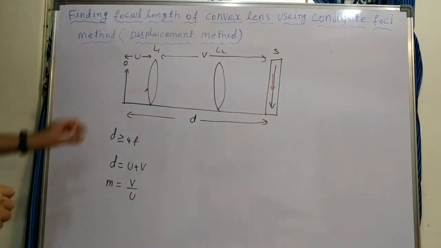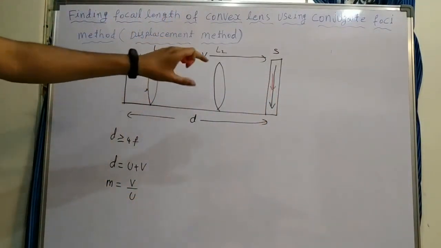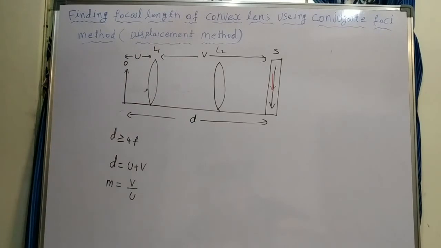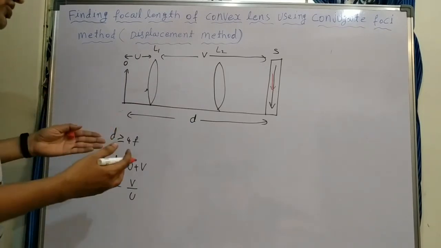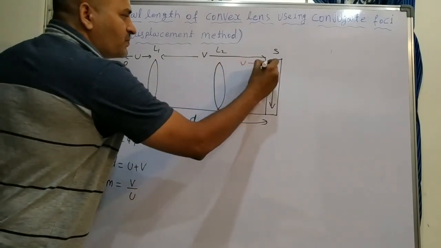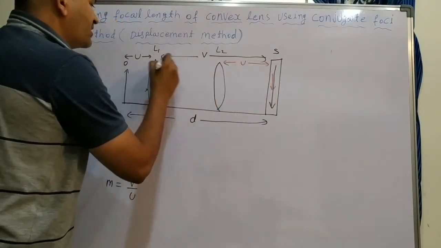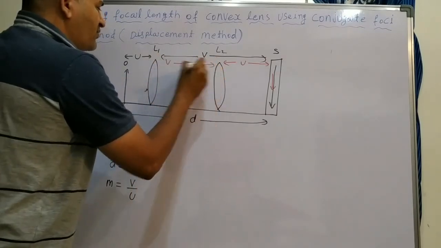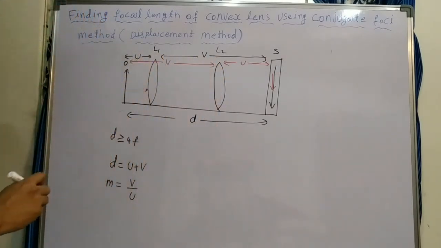The size of the image is less than the object. So in that case, at the new position we get distance u here and distance v here, from here to here. That means object distance and image distance are interchanged. That's what you call principle of reversibility.